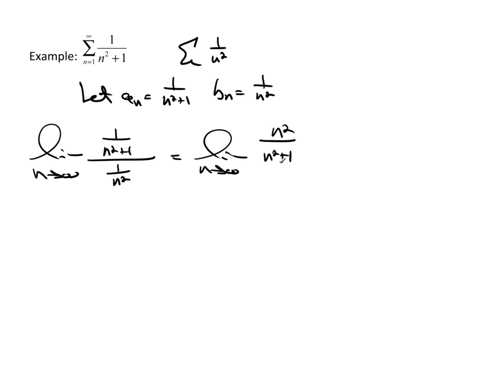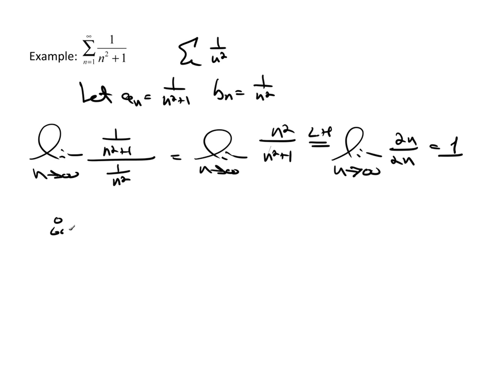Now I need to take this limit, so I would apply L'Hopital's rule, because this goes to infinity over infinity, which is the limit as n goes to infinity of 2n over 2n, which is clearly equal to 1.